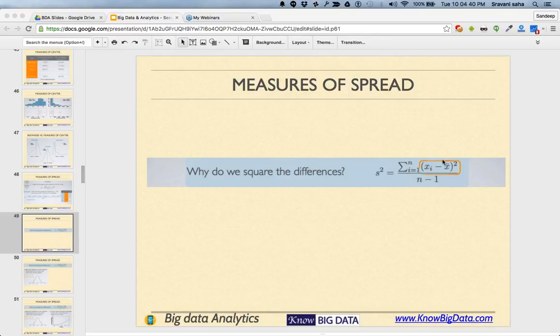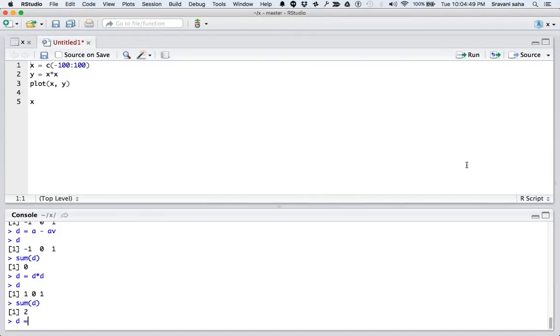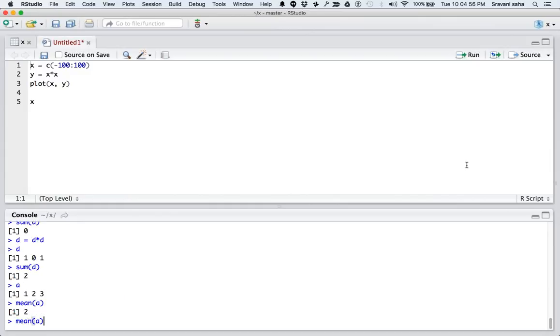What I was saying is that if we do not square, the negative delta and positive delta would cancel out. For example, this is our A. We are computing the mean of A, which is 2. Now we subtract this average from every value, so we subtract 2 from all the values.